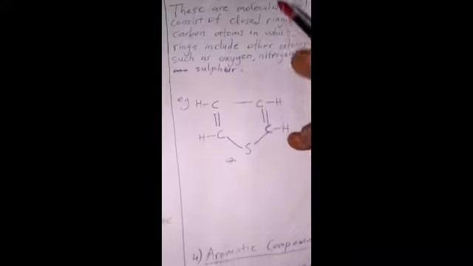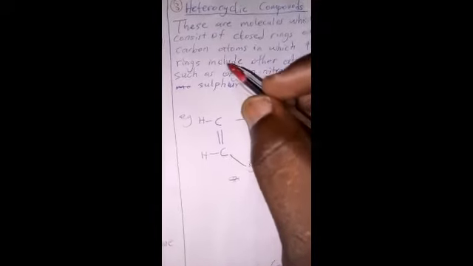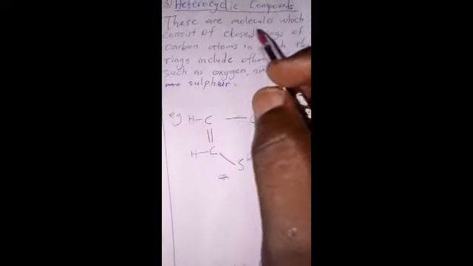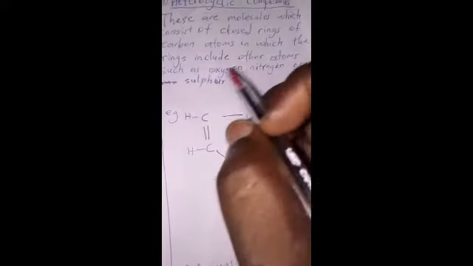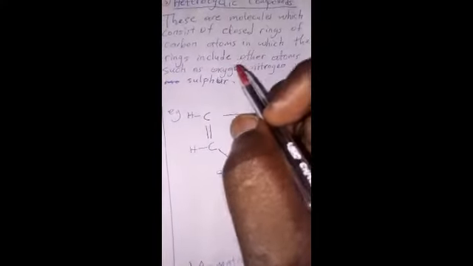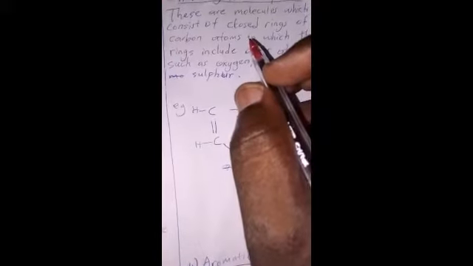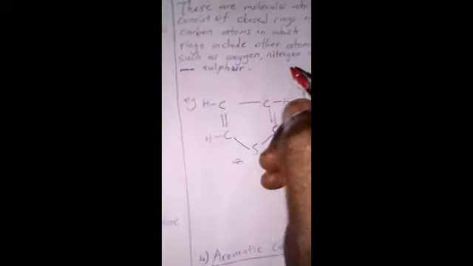Now for the heterocyclic, these are molecules which consist of a closed ring of carbon atoms, in which the ring includes other atoms such as oxygen, nitrogen, or sulfur.